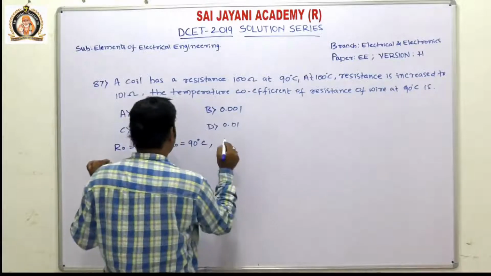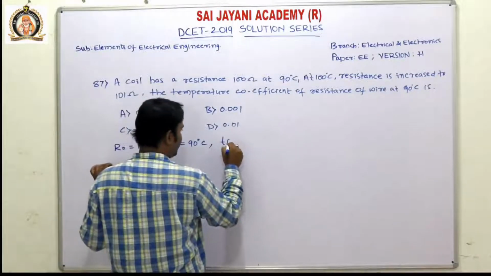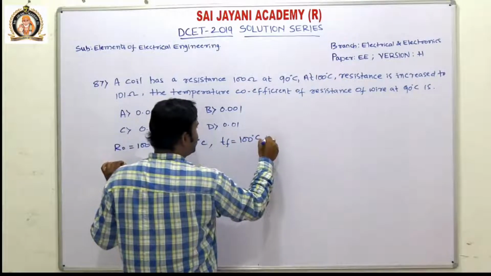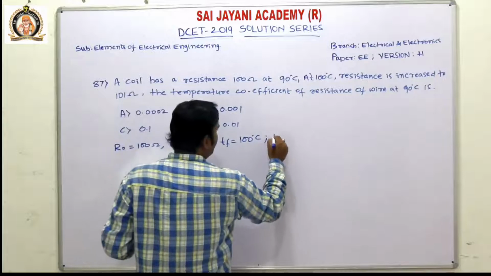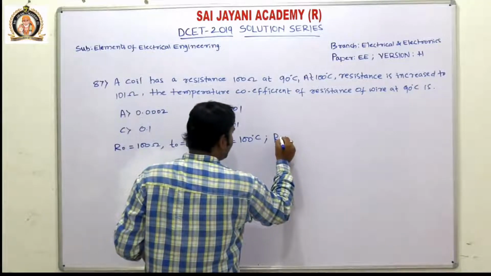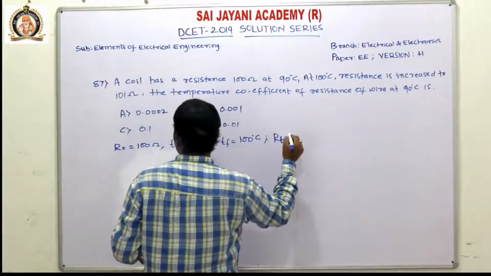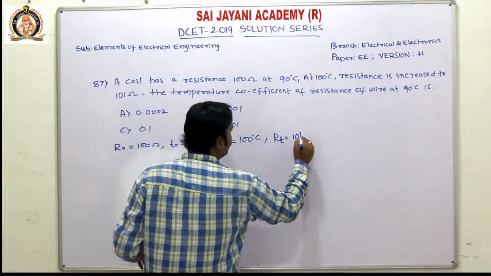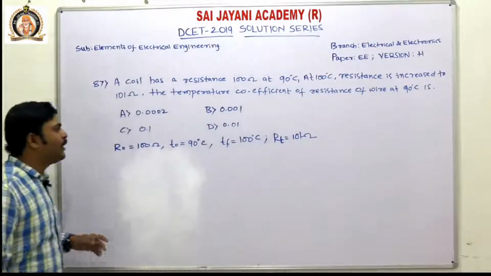101 ohm, means at 100 degrees Celsius, the final temperature equals 100 degrees Celsius, the resistance is increased to the final value. We can take it as RF also, I can take it as RT also, that is 101 ohms. What has he asked?